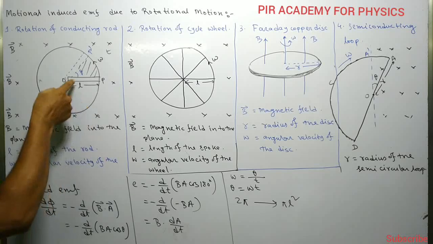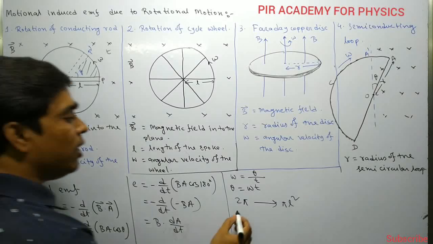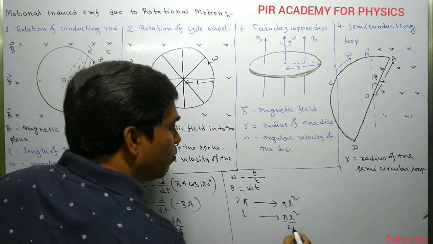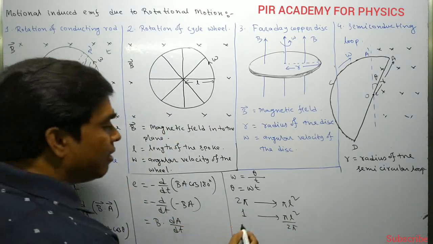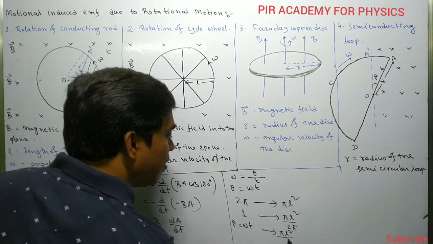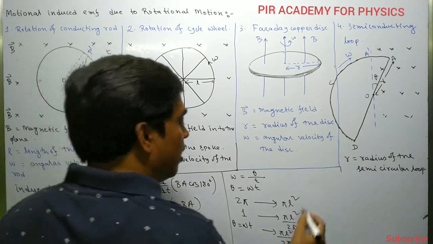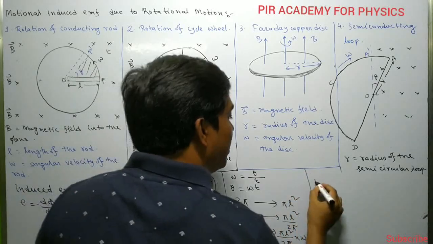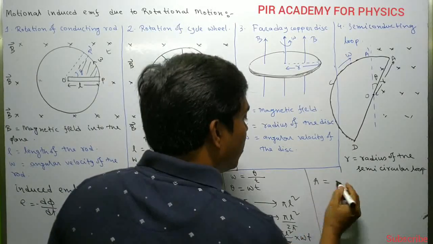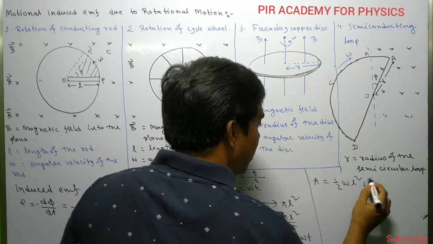That means when the angle is 2 pi, the total area is pi L square. When the angle is 1 radian, the area will be pi L square by 2 pi. When the angle is theta equals omega t, then the area will be pi L square by 2 pi into omega t. That means pi cancels out, and the area will be A equals 1 by 2 omega L square into t.